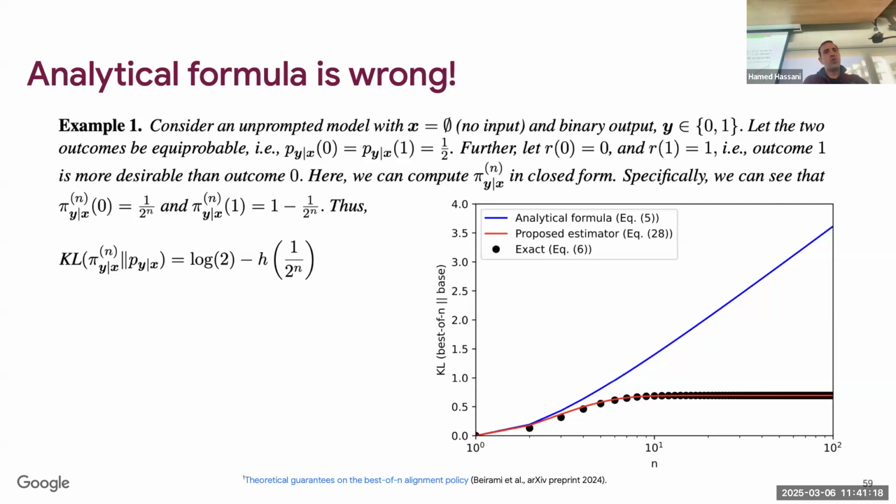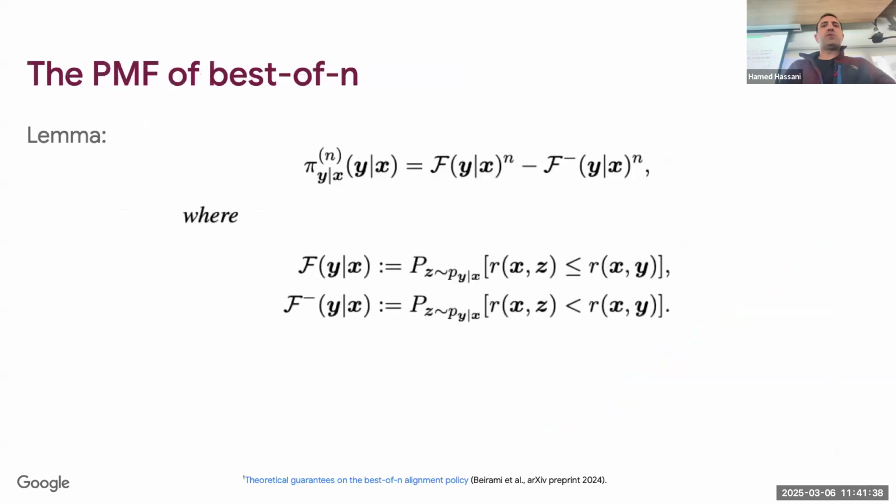So in order to understand this a little bit more, let's take a step back. In order to get the KL divergence, we need to actually know what the best-of-n distribution itself is. And can we actually compute the best-of-n distribution? It turns out that we can.